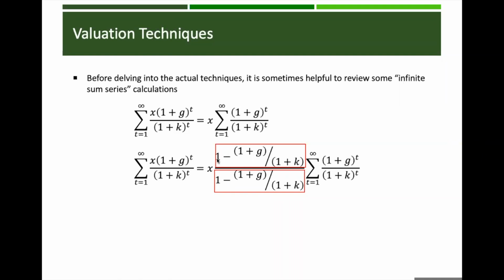In the numerator is 1 minus the ratio of 1 plus G over 1 plus K. In the denominator is the exact same thing. B over B is equal to 1. 1 minus 1 plus G over 1 plus K divided by 1 minus 1 plus G over 1 plus K is equal to 1.